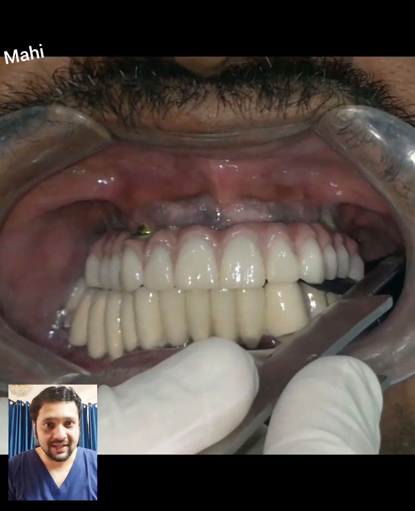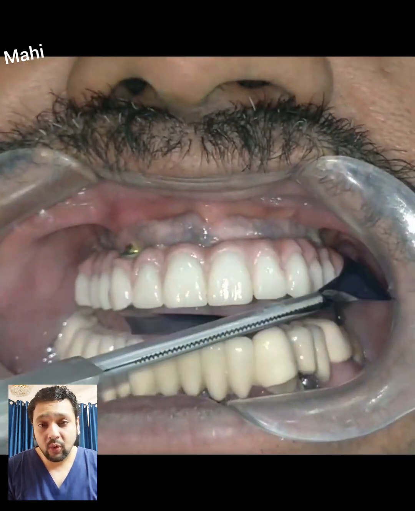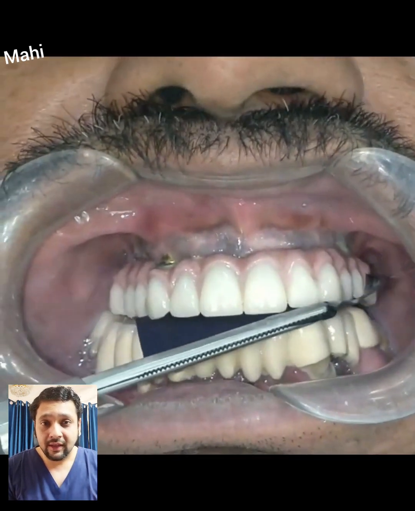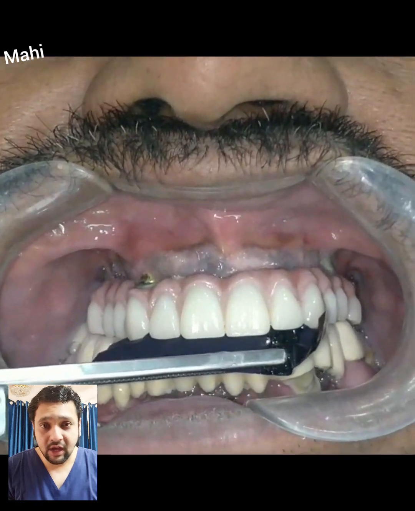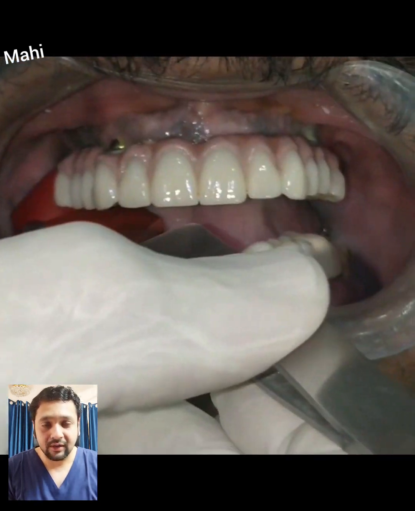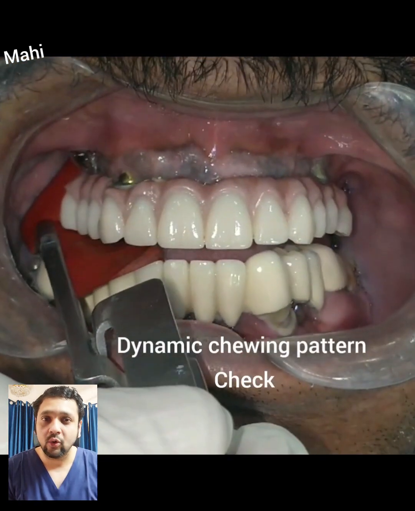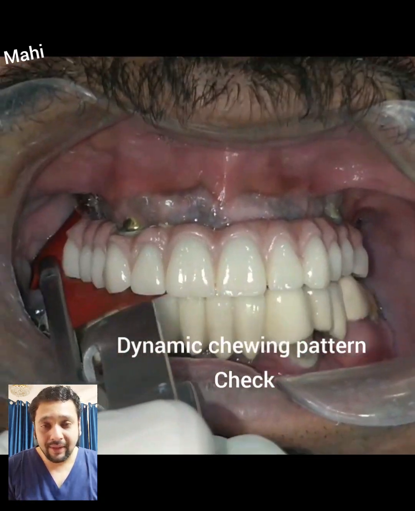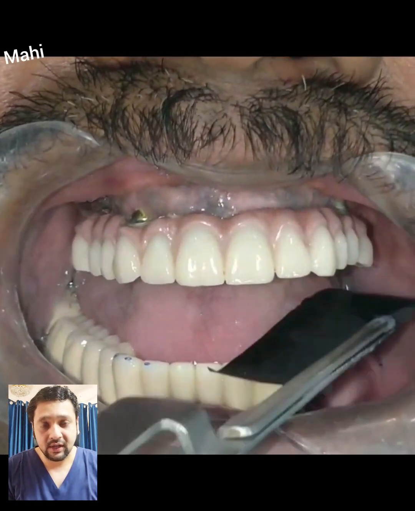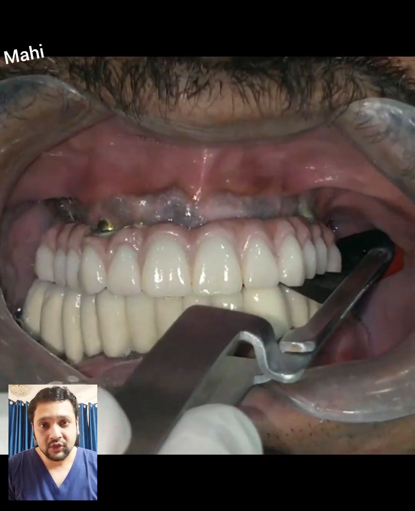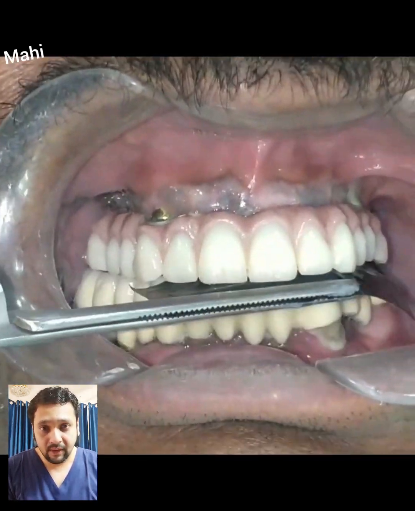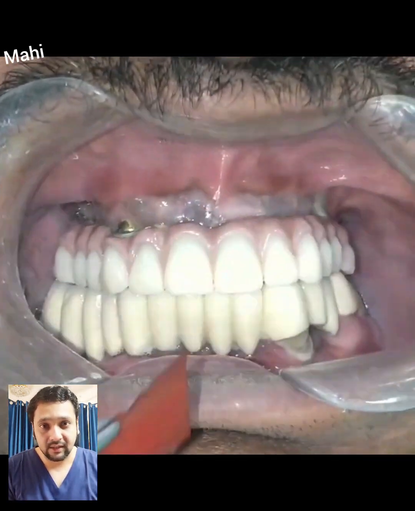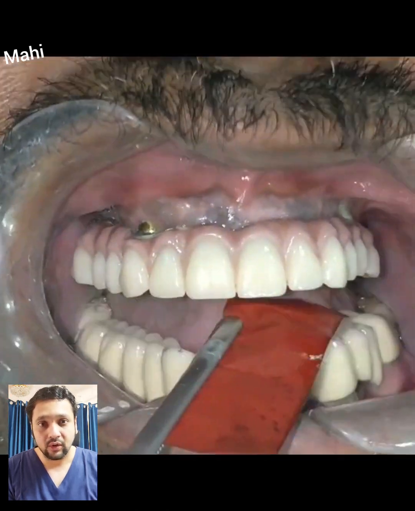This is also a very important point, because if your lower bridge has occlusion which is probably steep or zigzag or random, then you have to plan in such a way that the occlusal aspect of the opposite arch is first determined well and corrected, and then you go for the other arch. This is very important, because the maxillary arch occlusion depends on the mandibular present teeth occlusion or the present bridge over the natural teeth occlusion.